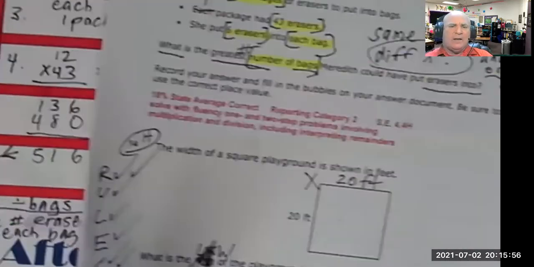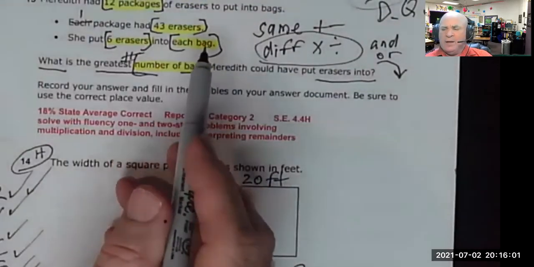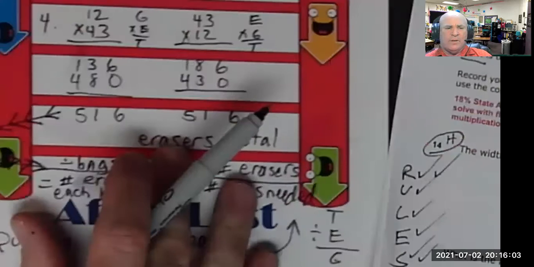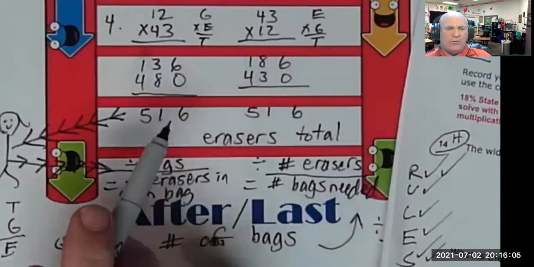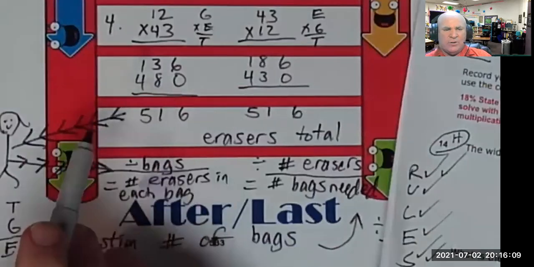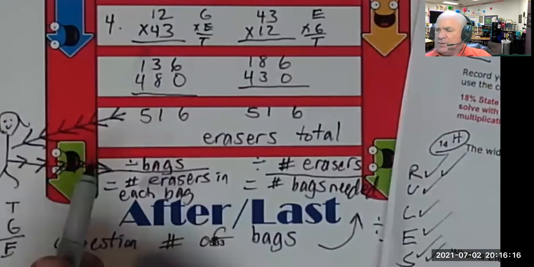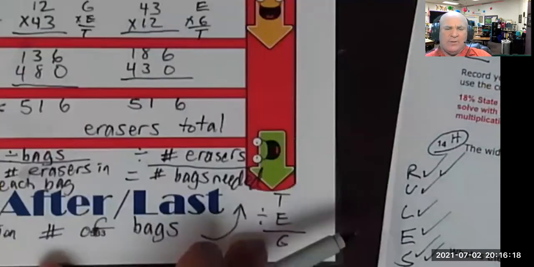Where does it say that? Right there, remember, 6 erasers into each bag. So I drew a picture of her with one hand grabbing 6 erasers and with arrows pointing to her and coming out of her going towards the bag. And so that's this second formula here.